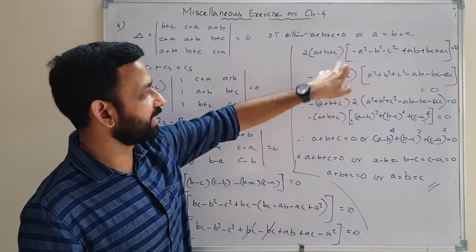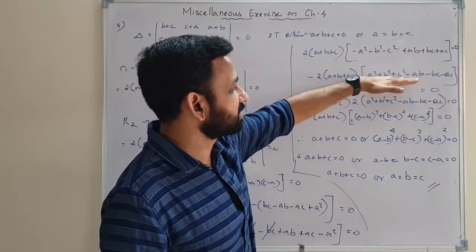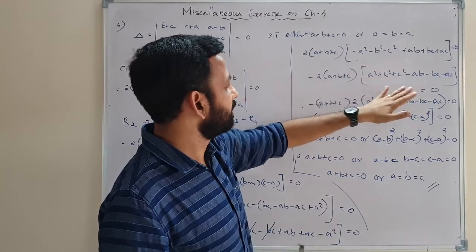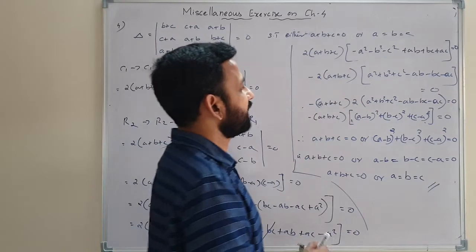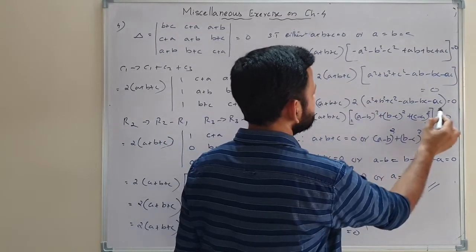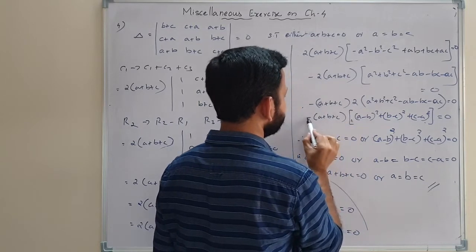Now we take the negative sign outside, then minus here, then 2 into this one, and here 2 into this expression, minus a plus b plus c we will keep here.